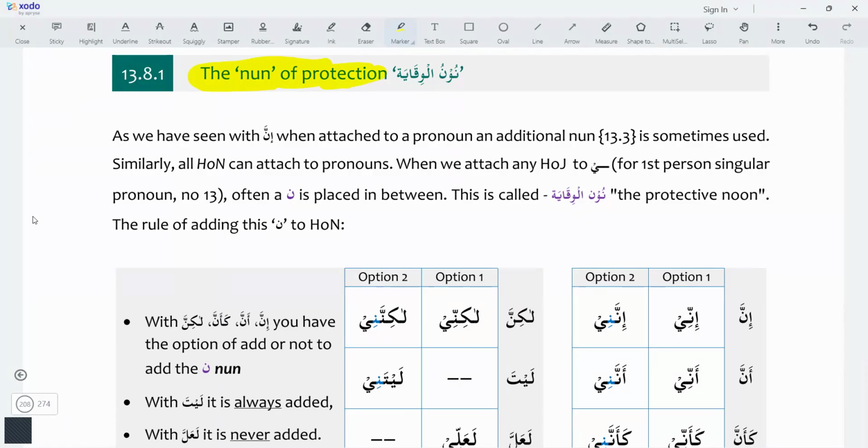As we have seen with inna, when attached to a pronoun, an additional noon is sometimes used. This noon we use. Similarly, it can attach pronouns.